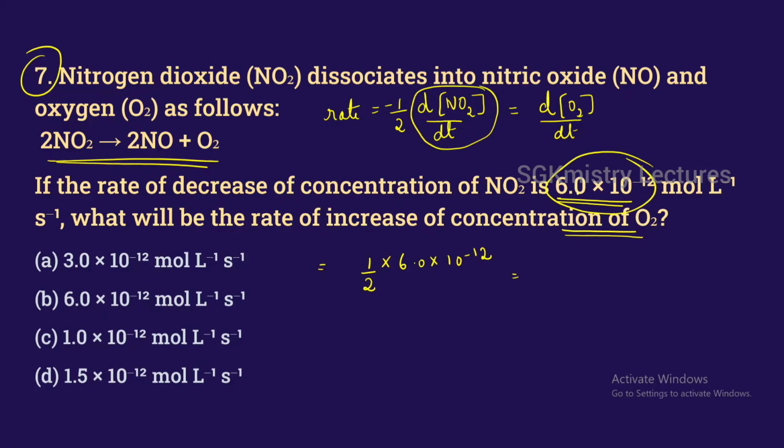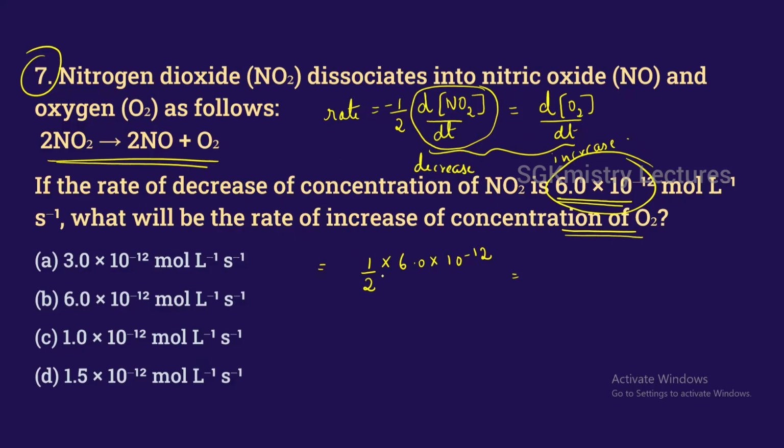Decrease is given. What will be the rate of increase? These both are equal. The rate of decrease of NO2 is equal to the rate of increase of O2 according to the rate equation we have written.